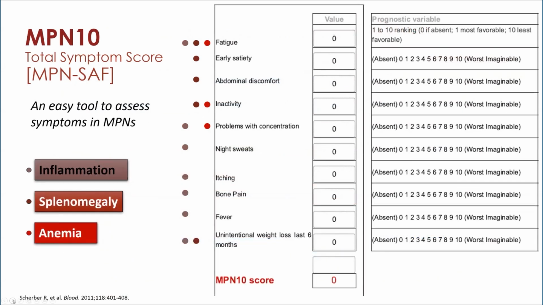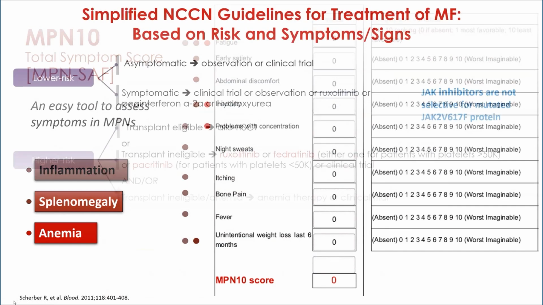And to objectivize that, NCCN guidelines would highly recommend using MPN-10, which is the questionnaire that tries to objectivize those symptoms and certainly helps in management of the patients. And it may be a question on the test, how to objectivize the quality of life, which is now endorsed so much by the NCCN guidelines.